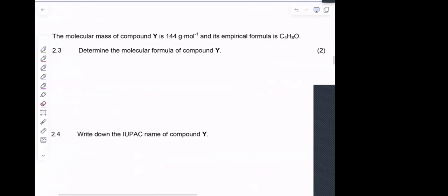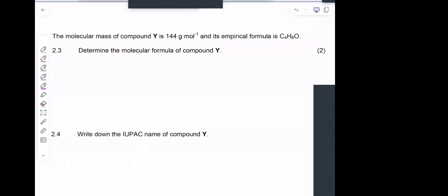Thank you for that question. And then let's quickly go again to 2.3. The molar mass of compound Y is 144 grams per mole, and its empirical formula is C4H8O, right? So what we need to do is try and figure out what the molecular formula is going to be. The first step is to find the molecular mass of the empirical formula.